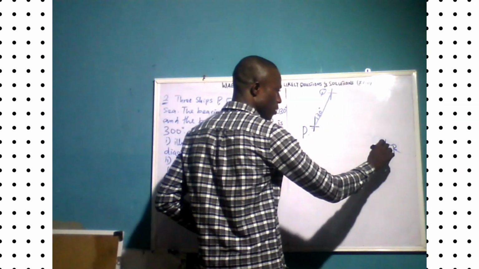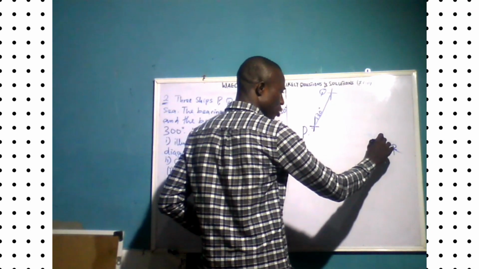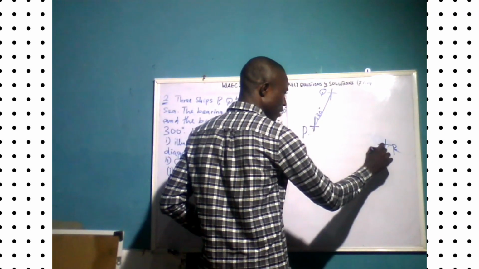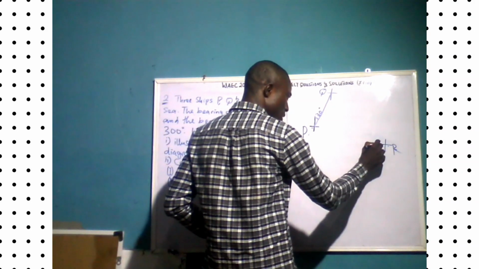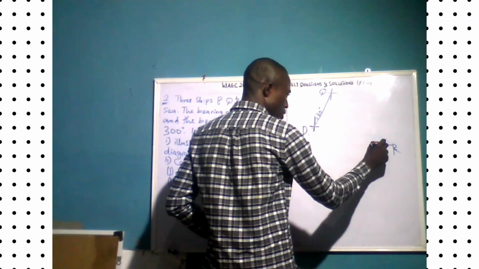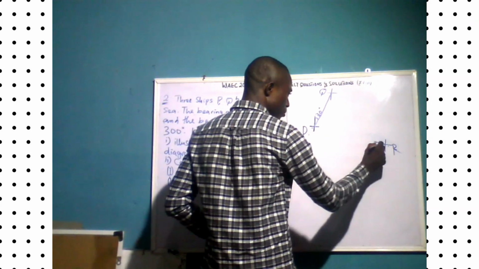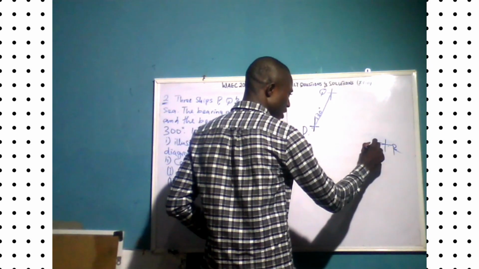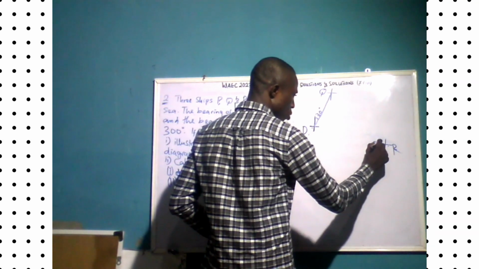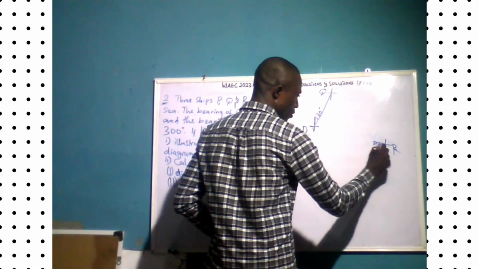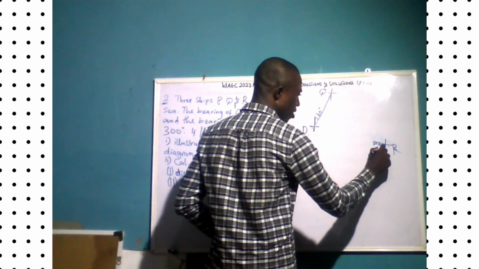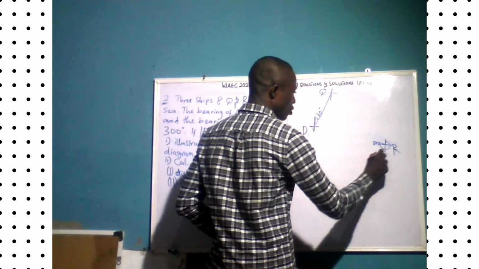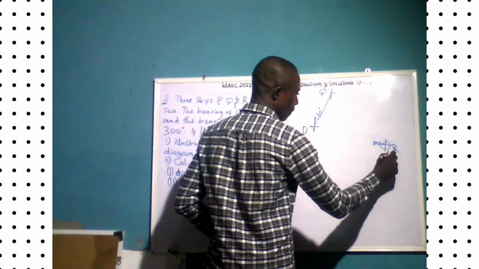From here to here is 90. Starting from North, we have 90, then 180, then 270, and 270 plus 30. The 30 measured from this pole will be somewhere here. So you have here 30 degrees, and the whole thing is 300 degrees.